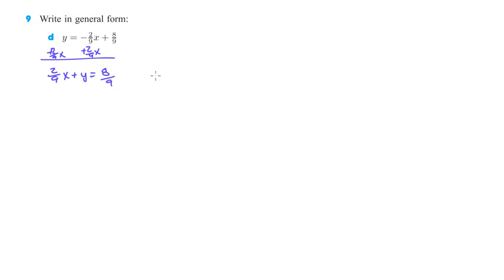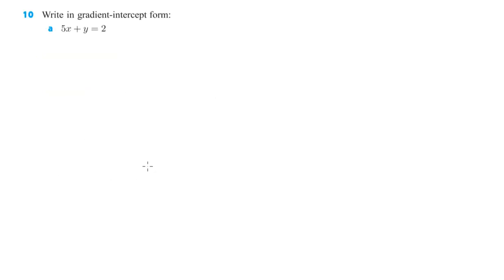And we also cannot have any fractions anywhere. We actually have a common denominator of 9. So if we multiply everything by 9, then that should get rid of our fractions. We can't have decimals either. So these 9's cancel out. That leaves us with 2x. 9 times y is 9y. And then the 9 and the 9 cancel out there. It turns into 1, and 8 over 1 is 8. So this is our equation in general form.